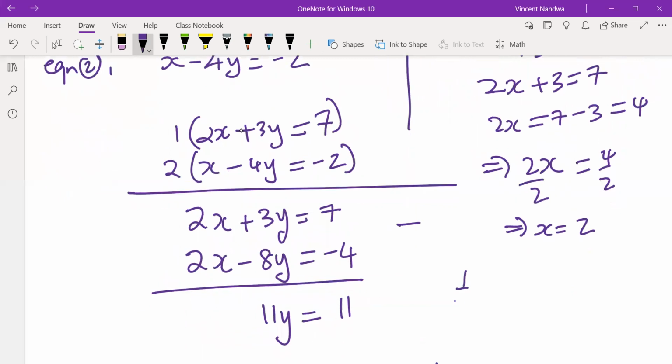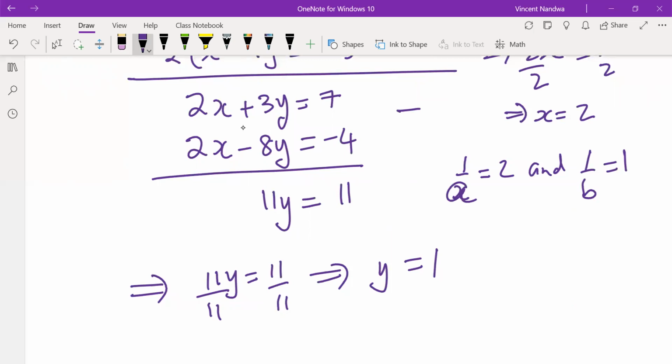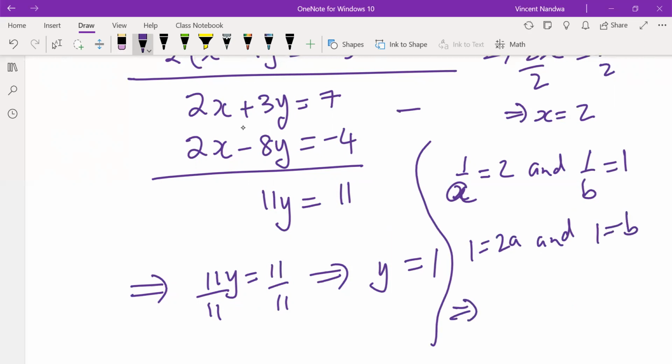Therefore, 1 over a equals 2, and 1 over b equals 1. So 1 equals 2a and 1 equals b. So which means a equals 1/2 and b equals 1 is the solution. So that's how we apply elimination method. Thank you.